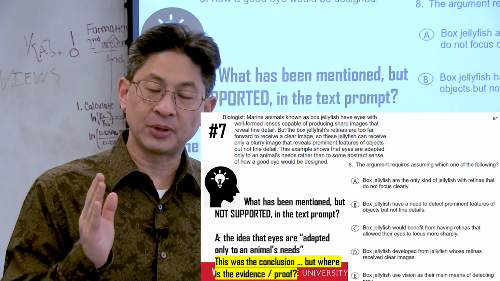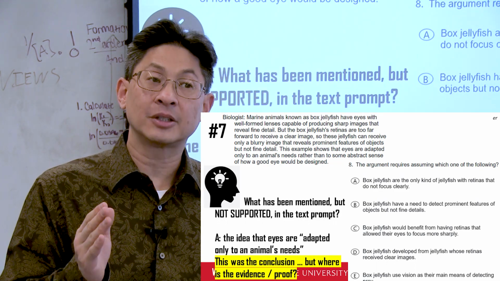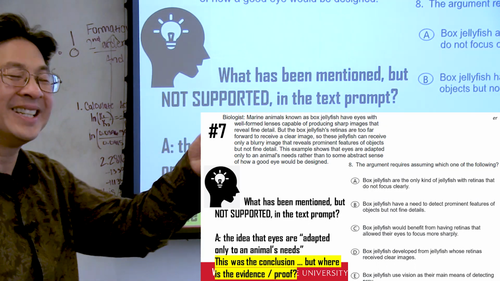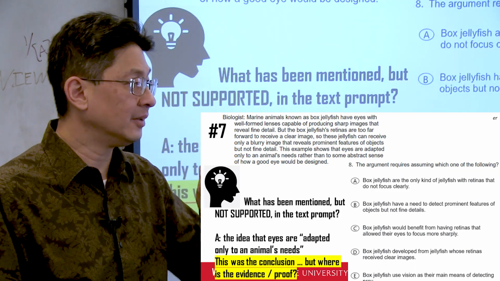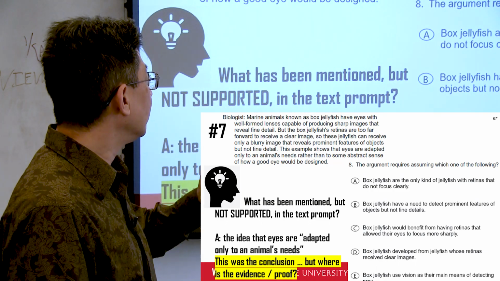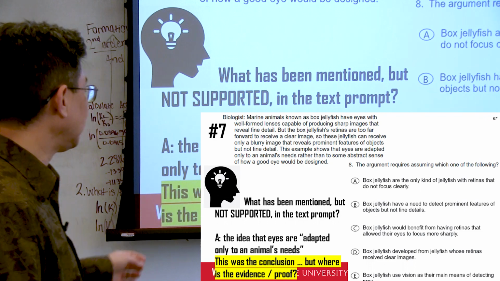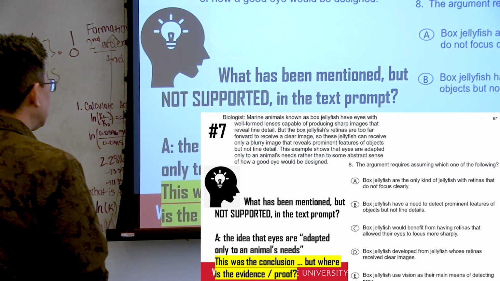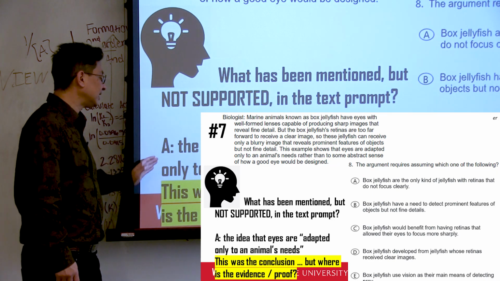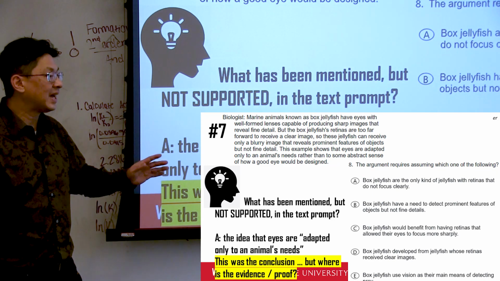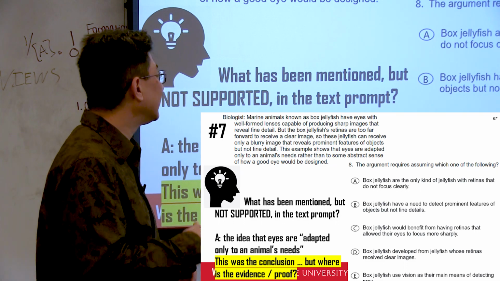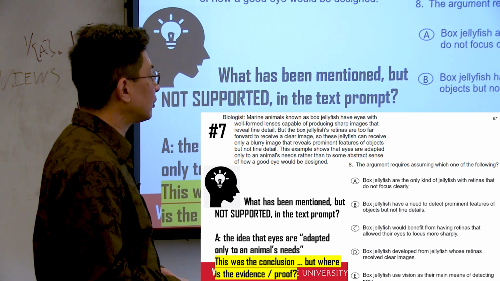When you make a jump without providing evidence, that's called making an assumption. So the assumption then has to connect the idea of this being based on need with the idea of how well they see. So that's it right here. The idea that the eyes are adapted only to an animal's needs is a conclusion without that assumption being in place. And so our assumption has to connect those two, and let's look at the answers now.